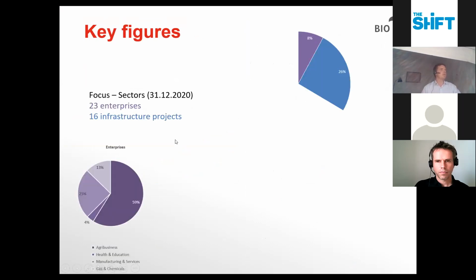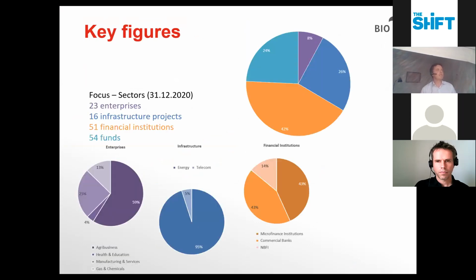This slide works progressively. So we invest in small and medium enterprises and into infrastructure projects. This is what we call direct investments, where our investment through loans mainly goes to a company which has a mission to expand itself or build a greenfield renewable energy power plant, for example.